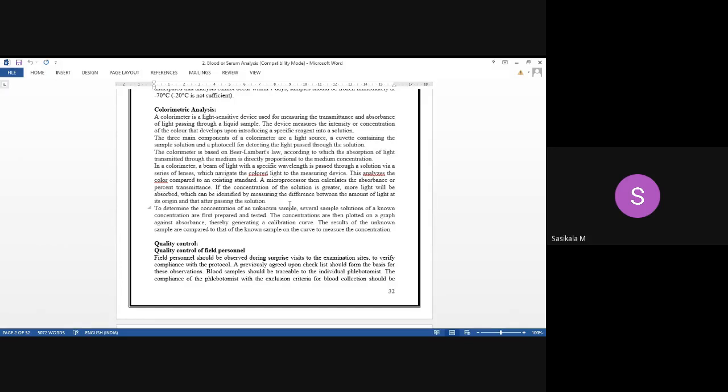And another method I told is the calibration curve method. In the calibration curve method, a series of standards are taken. You have done urine creatinine analysis, no? You plotted a graph using a calibration curve. A similar type of method is called the calibration curve method. Here a minimum of 5 standard concentrations, that means known concentrations of standard solution, are prepared, and the absorbance of those 5 standards is compared with the sample through a calibration curve plot.